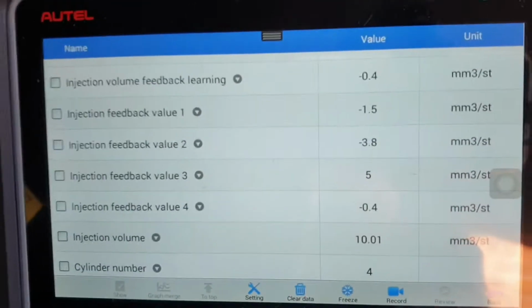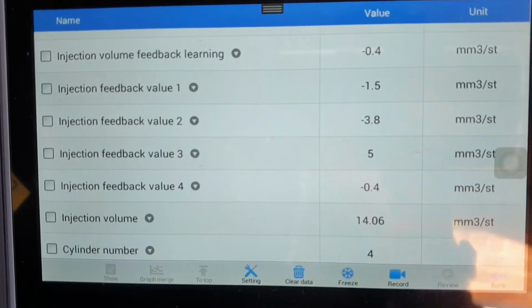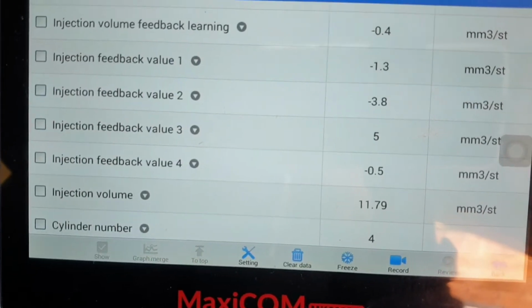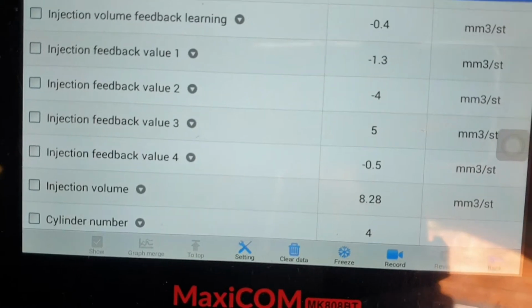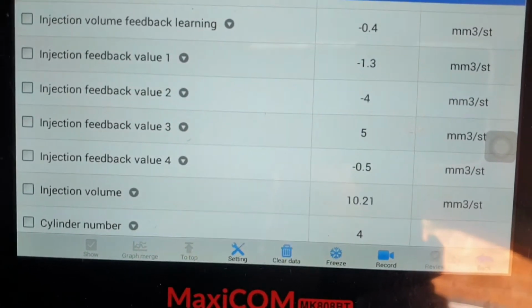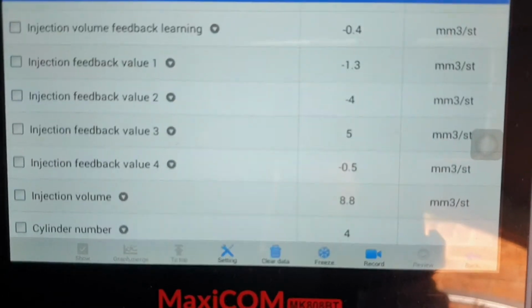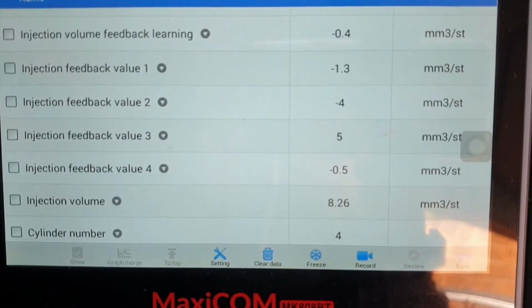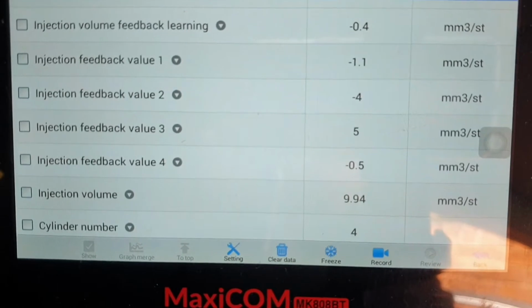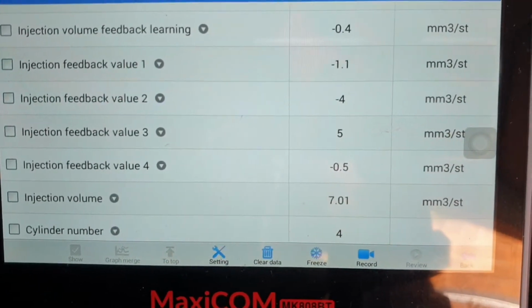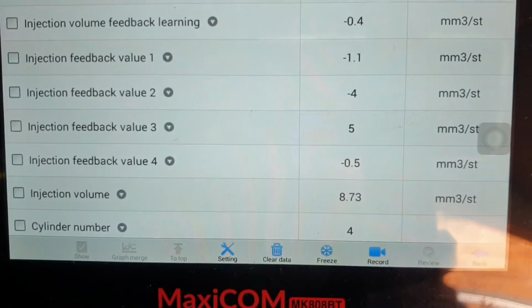So I have disabled injector number 3, and now you can see the injection feedback value has gone from -5 to +5, and the injection feedback value of injector number 4 is now -0.5. So there is definitely an issue with the injector as well.